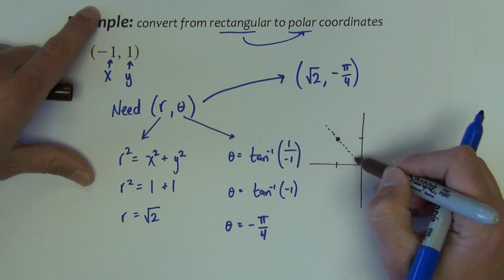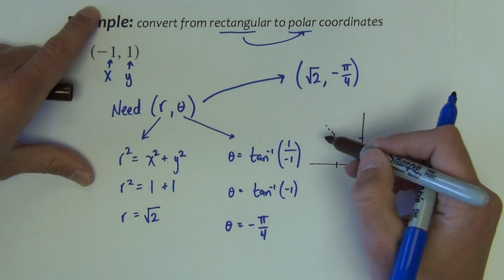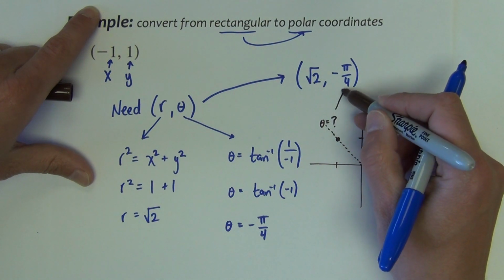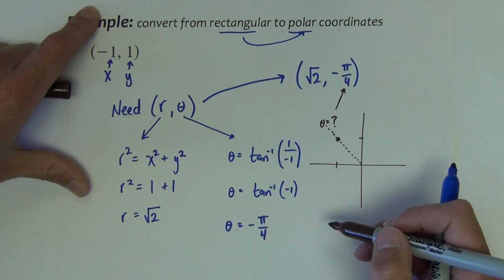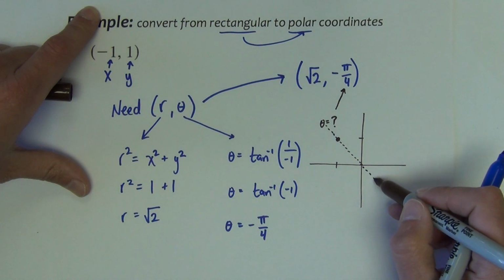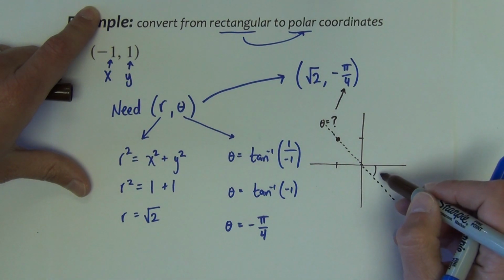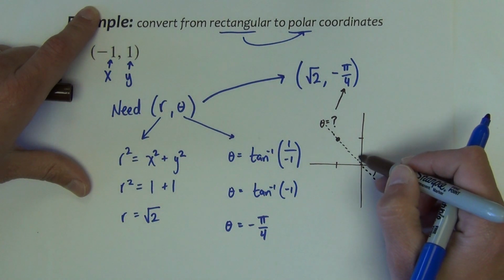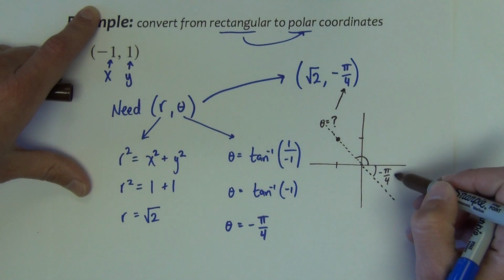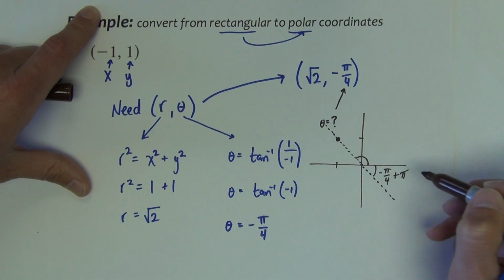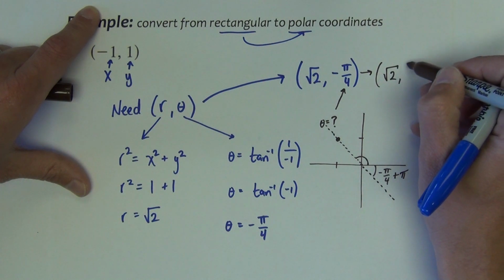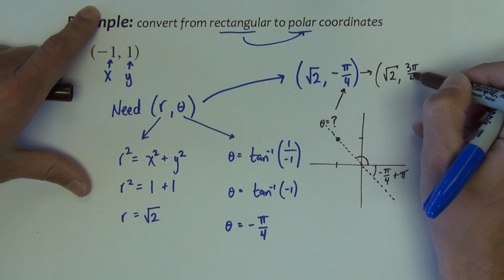It's in the positive direction on this line as far as it's moving away, but this angle theta, is it that angle? The answer is no, it's not that angle. The angle that the calculator gave me is this angle right here. All right, well, what do we want? We want the other side of this angle. We need to add to that, if this was in degree form, we'd add 180. We need to add to that pi. The point that we actually want is square root of 2, comma, 3 pi over 4.